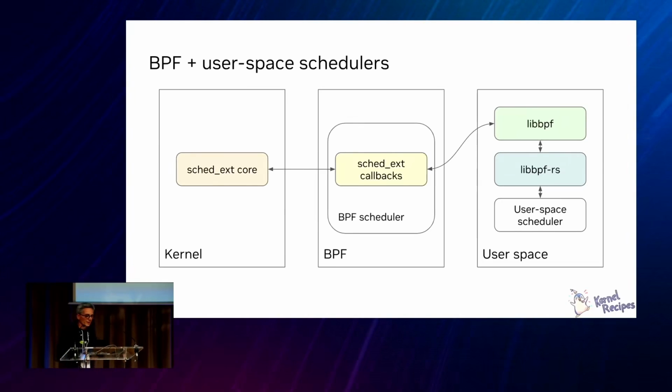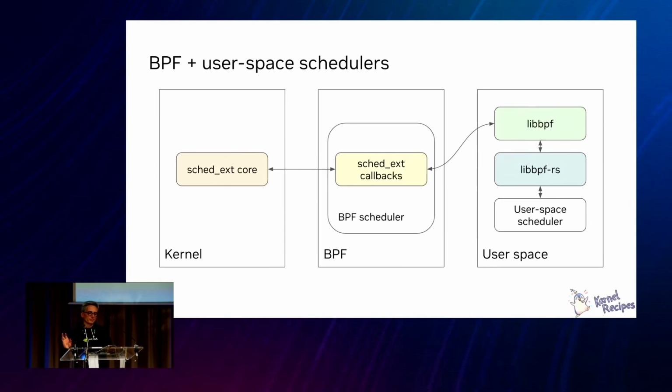I put here libbpf-rs and libbpf, because libbpf, of course, is the binding to BPF. Libbpf-rs is what we are currently using to provide bindings for Rust so that you can easily implement your scheduler part in Rust and part in BPF code, which is essentially C.